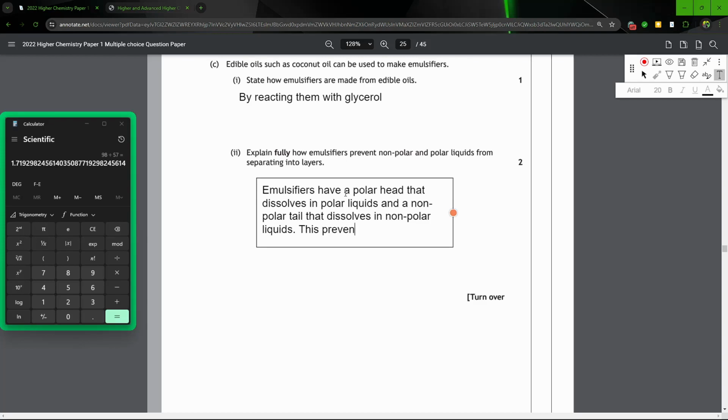This prevents the polar liquids and non-polar liquids from separating into layers, so the emulsion is stabilized.